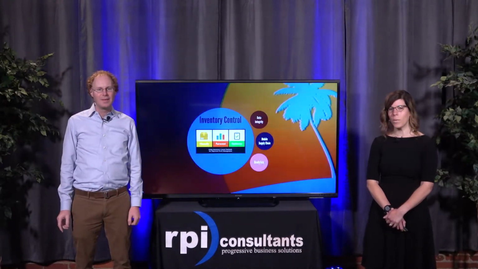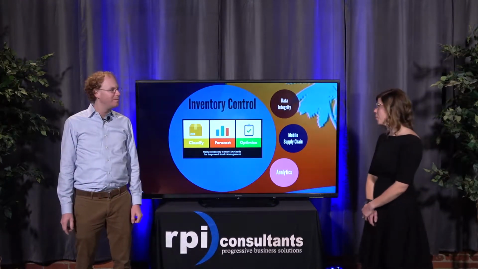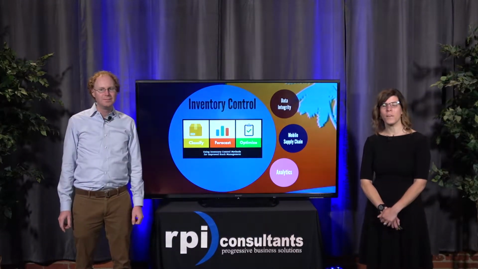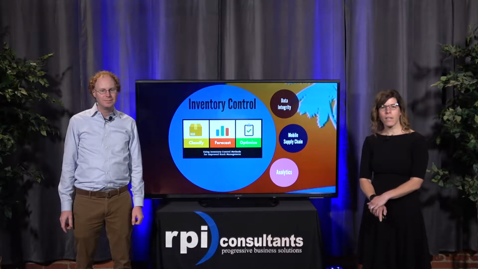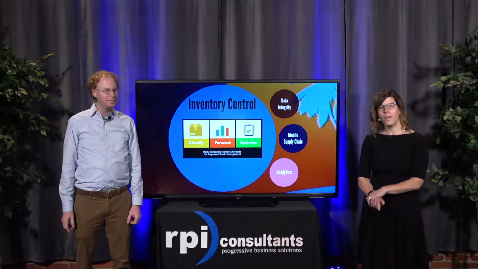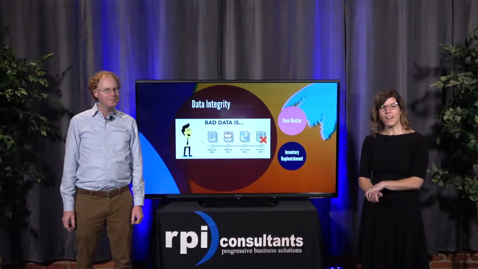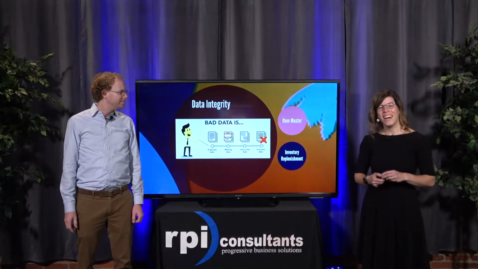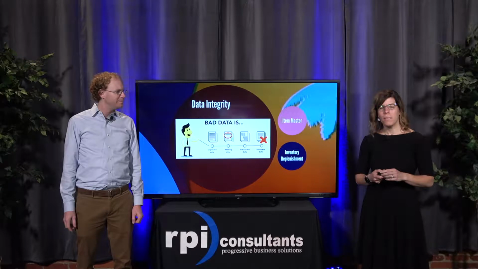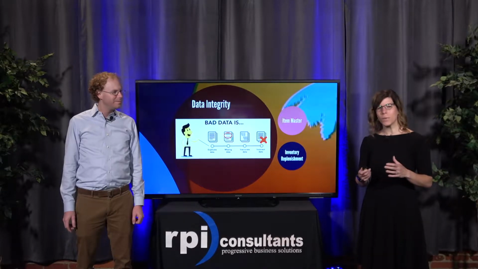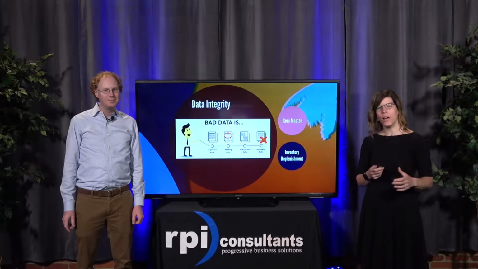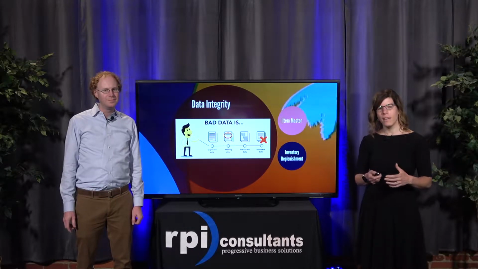Excellent. So we're going to start off with inventory control, the basics, right? So we're focusing in on 3 different areas here. Number 1 is very true to my heart, data integrity. All roads really lead back to inventory control and your item master and how you're keeping this up to date.